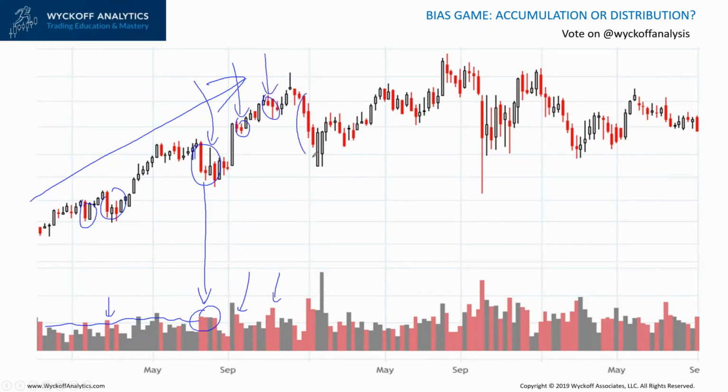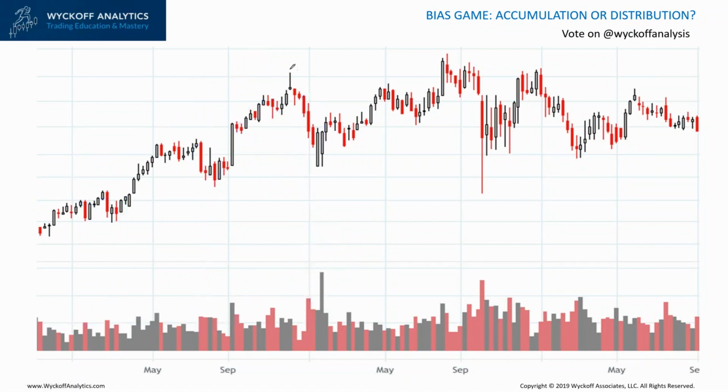And then obviously here on the change of character, we're seeing that supply is culminating, meaning that the increasing effort is in synchronicity with the result, and we're having the largest reaction, which means that we are going to go into a trading range.